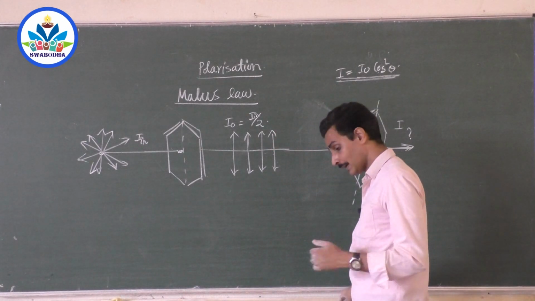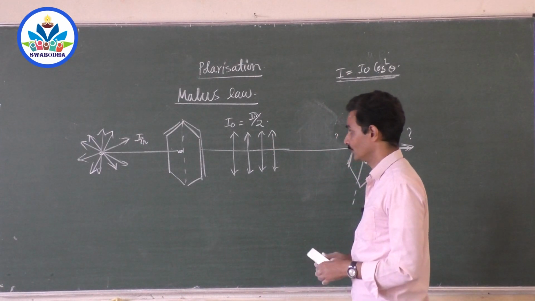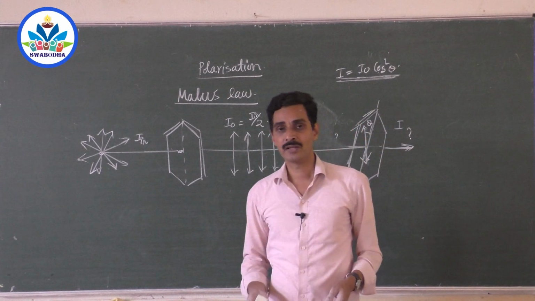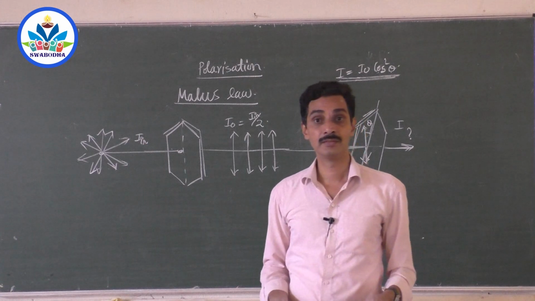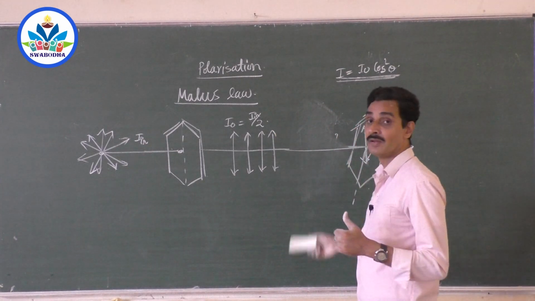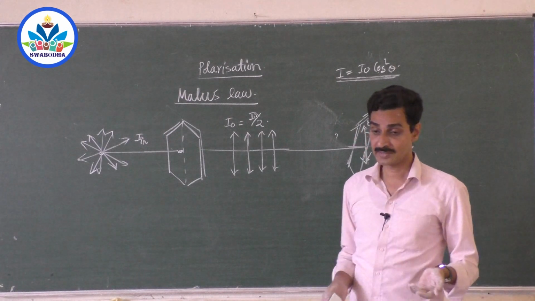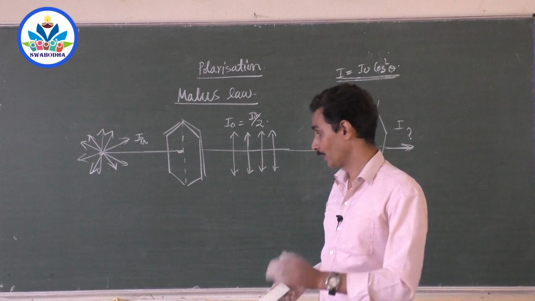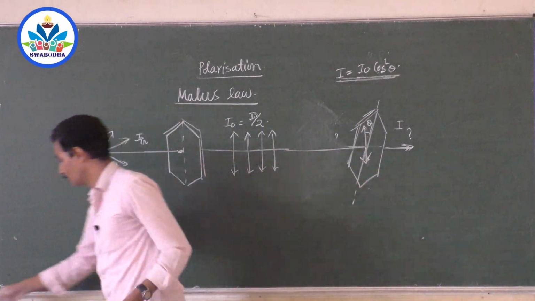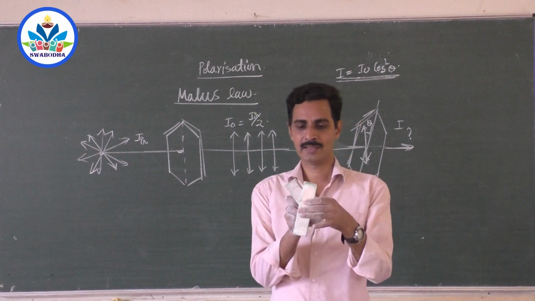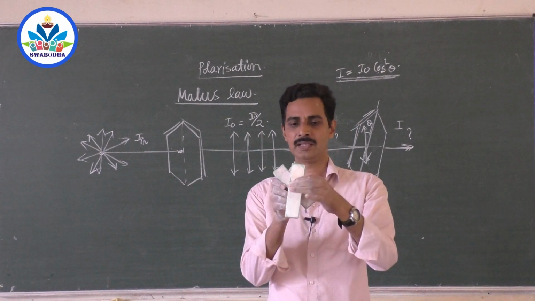Now in the entrance exam, suppose you are asked a question like this. An unpolarized light of intensity I naught is incident on two polarizers, a polarizer and an analyzer, which are inclined at 30 degrees with each other.